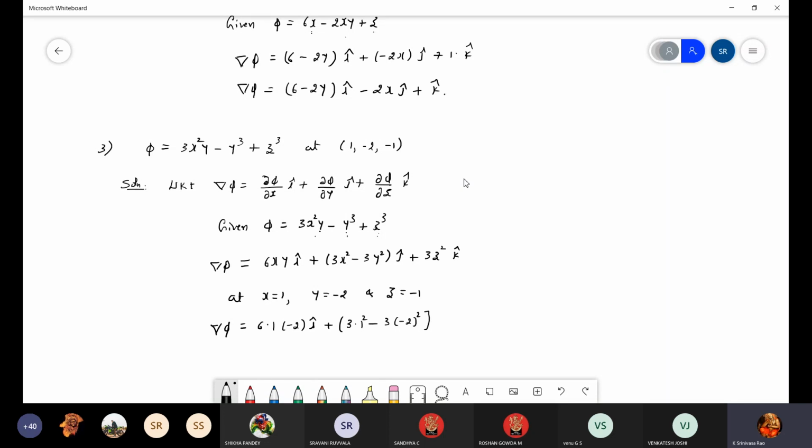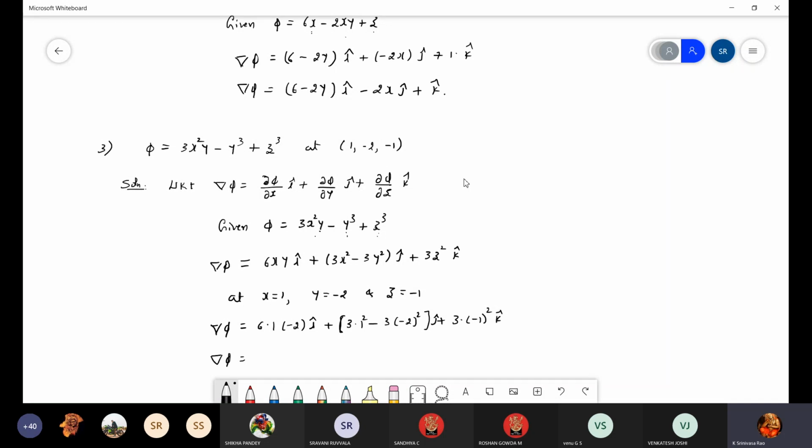Substitute properly. Plus 3 into z square is minus 1 whole square, into k cap. So finally, what is the answer? Write down the final answer. Don't take more steps, try to avoid the steps, but your answer should be correct.